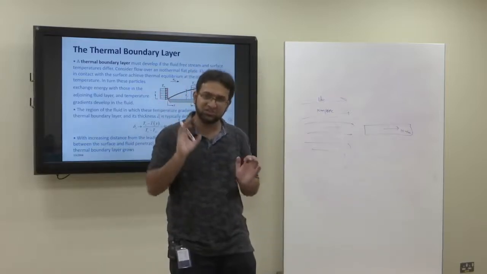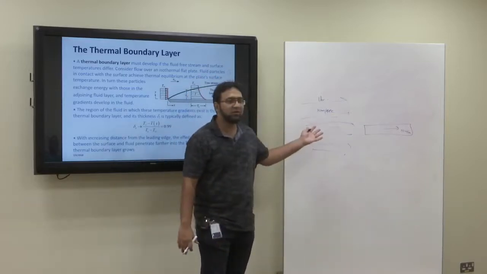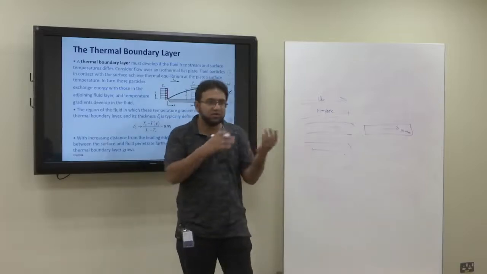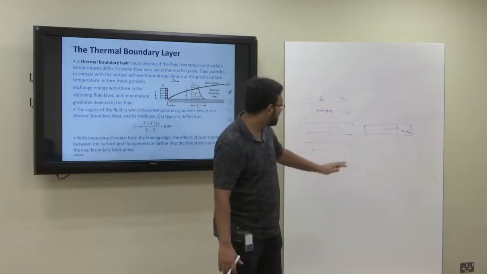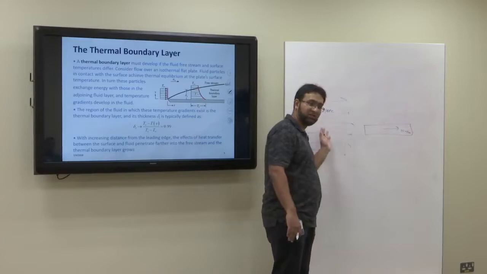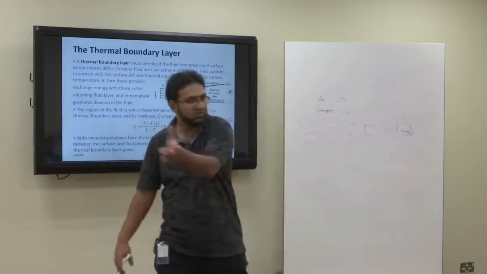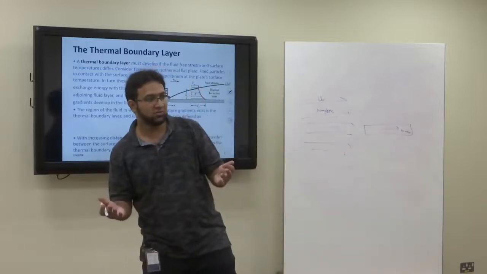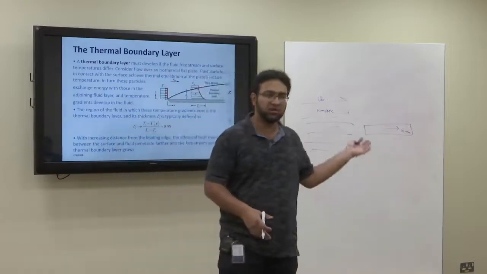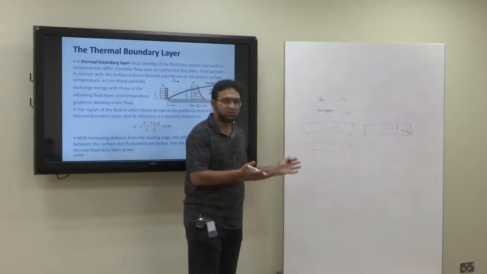Will there be any boundary layer here? No. A boundary layer occurs if there is a velocity change, if the plate is stationary in moving air, or if the air is stationary and something is moving. That velocity gradient causes the disturbance, and the boundary layer develops. But if everything is moving at the same speed, there will be no boundary layer.